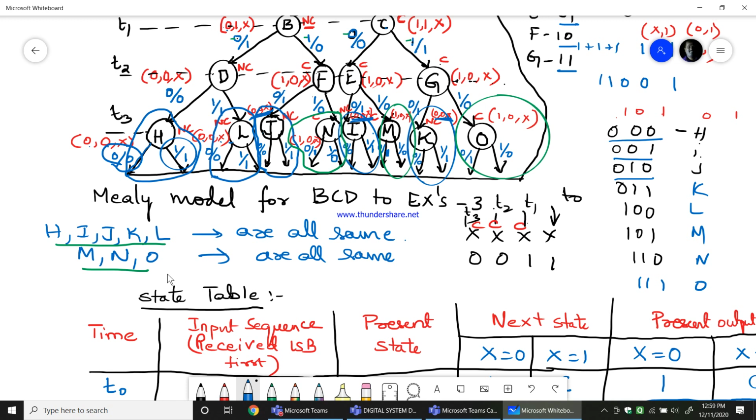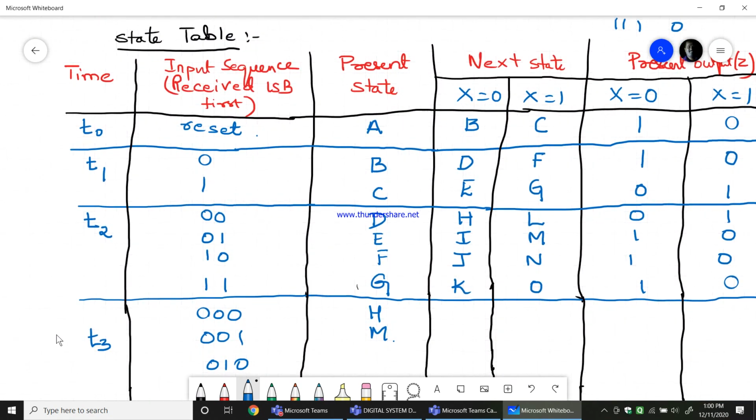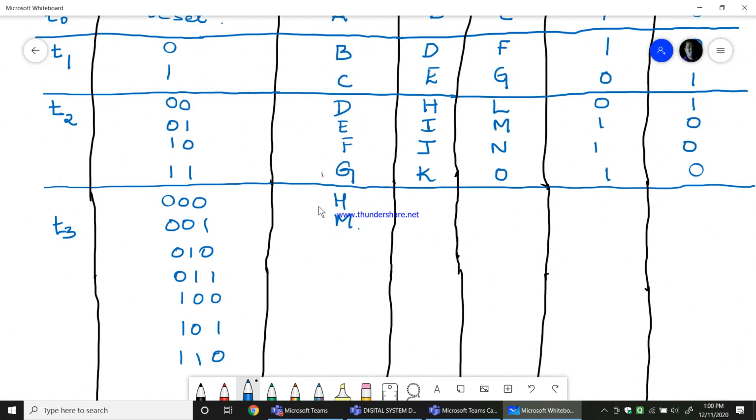When HIJKL is encountered, the present state would be equal to A only, because we don't have a next state here. So the present state would be A, and the next state would also be A here.